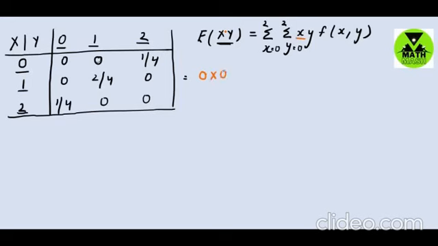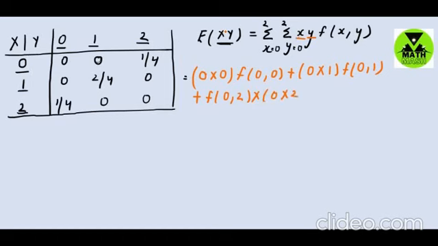So 0 multiplied by 0, and their corresponding function is f at 0, comma 0. Then when x is 0 and y is 1, the corresponding joint probability mass function is f at 0, 1. Then when x is 0, y is 2. So this is f at 0, comma 2, multiplied by this xy, where x is 0 and y is 2.